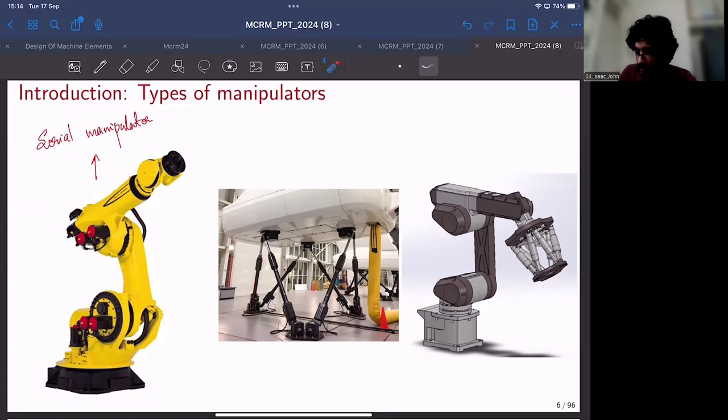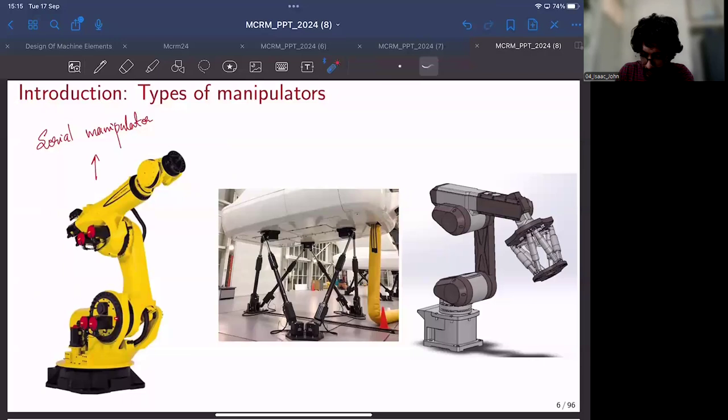In most of these examples, the heaviest component of a robotic system is the actuators. So if you consider this link, the actuators would be mounted on these links, and the lion's portion of the weight of all of these links would be contributed by the actuators.